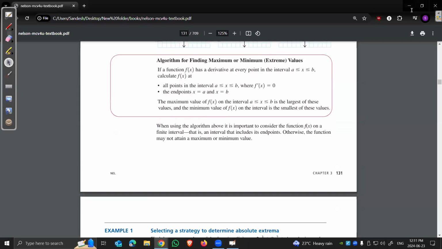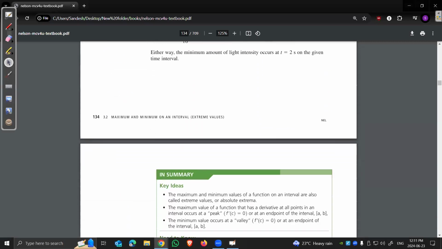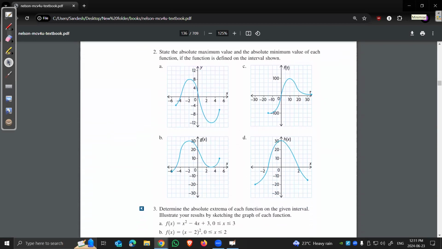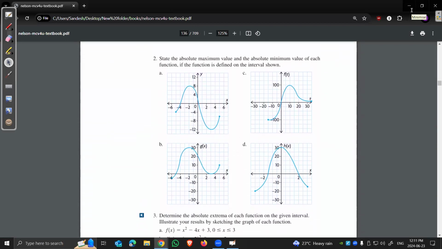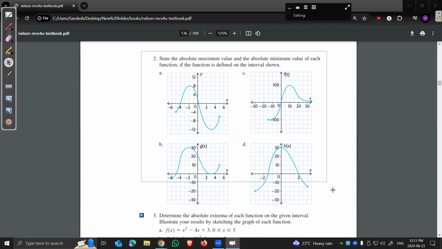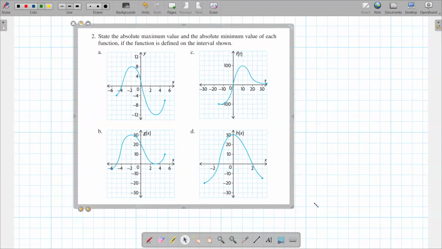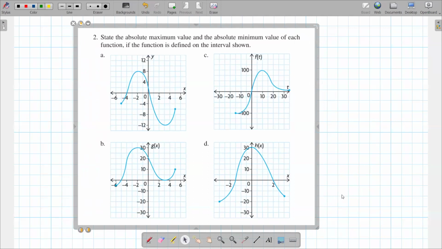Let's do a few problems. We did some yesterday. We will just pick it up right there. Let's look at this graph here. It says, state the absolute maximum value and the absolute minimum value of each of these functions.